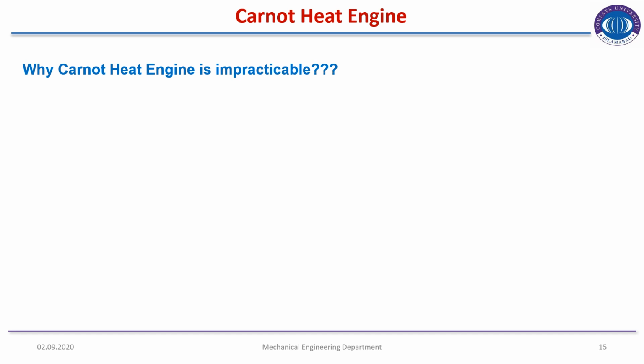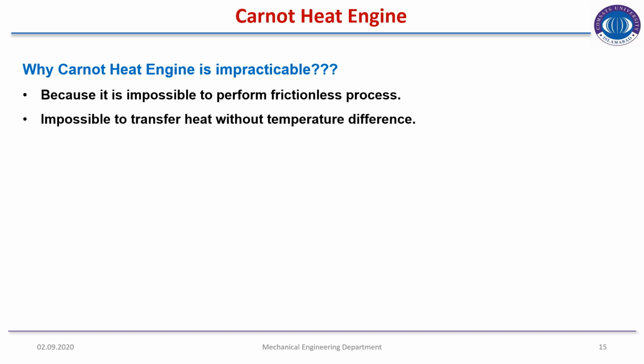Why is the Carnot heat engine impracticable? Because it is impossible to perform a frictionless process, impossible to transfer heat without temperature difference, or impossible to transfer heat with negligible temperature difference.